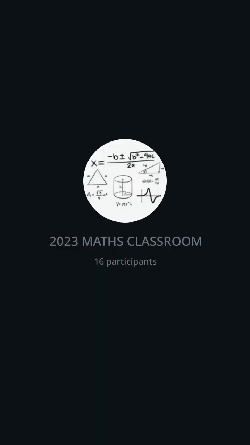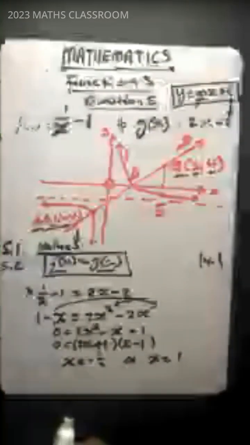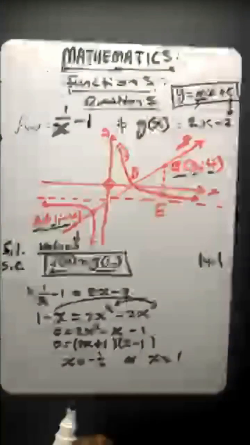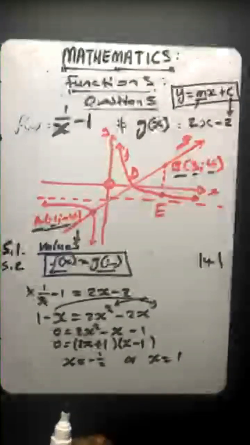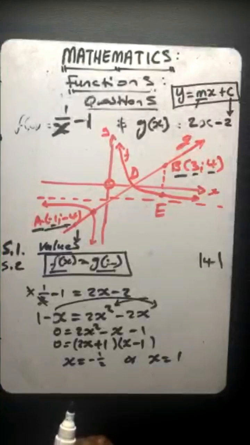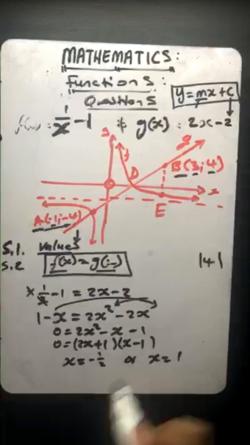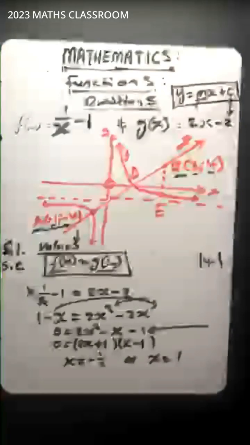Anyone who's got a question before I move on to the next question? Sorry, sir. Sir, how did we get our negative 1 over 2? You get it from factorizing that.